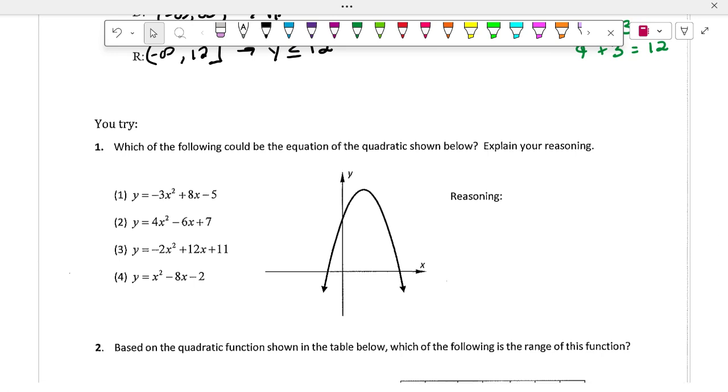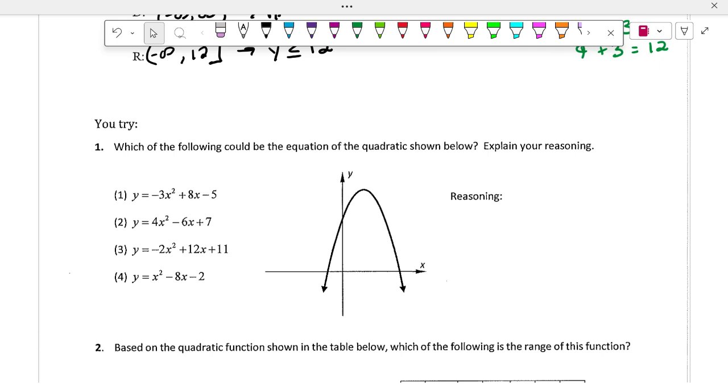So number 1, this is kind of a reasoning problem. They gave us a graph of a quadratic, but they did not give us the equation for it. But they gave us enough information in the graph to deduce which equation could possibly represent the graph. So let's just talk about things that we already know. Based off of what you see in the graph, what is something that's clear that we already should know? Richard?